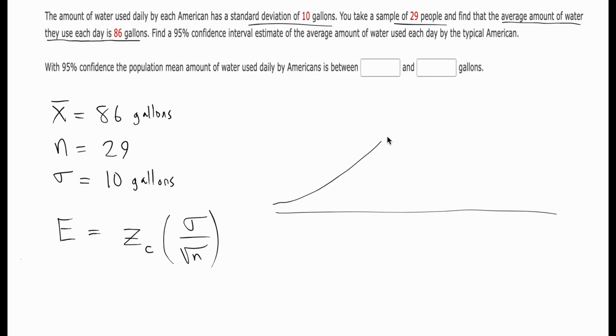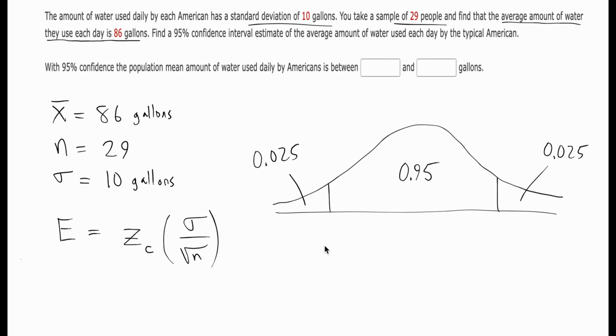So let's draw a curve for a 95% confidence interval. So we want 95% of the area to be in the middle. That means that each tail is going to have an area of 0.025. We need to find out what Z's correspond to those tails.